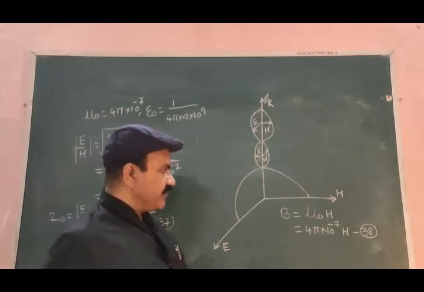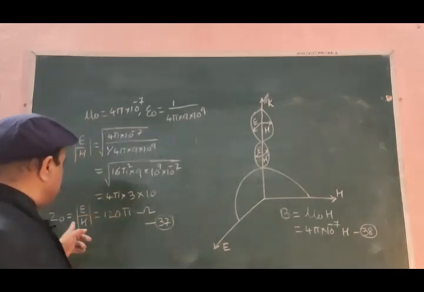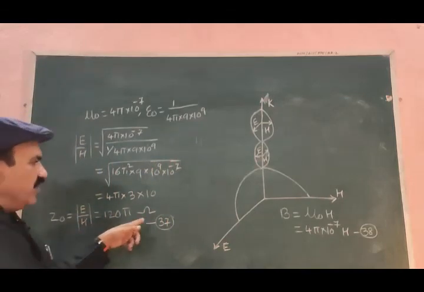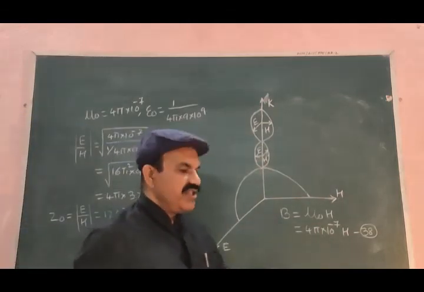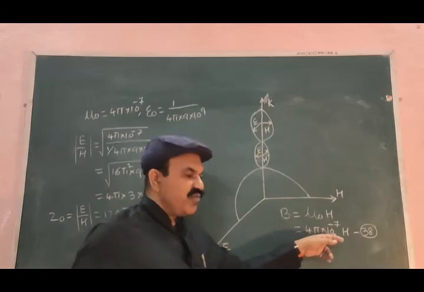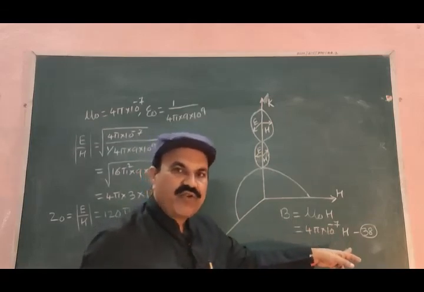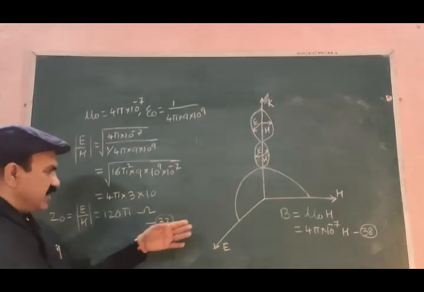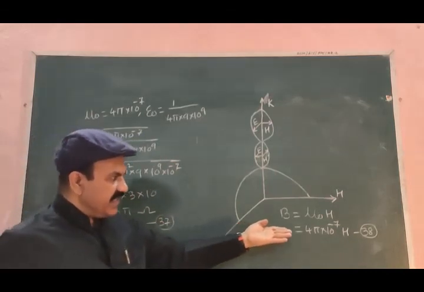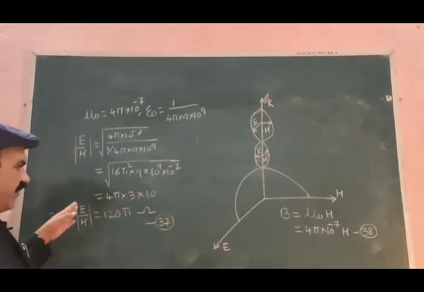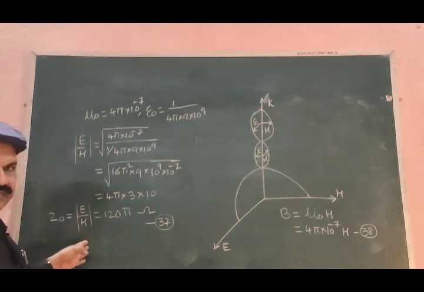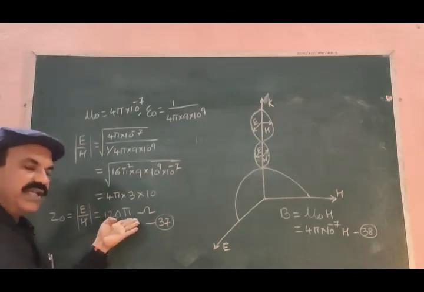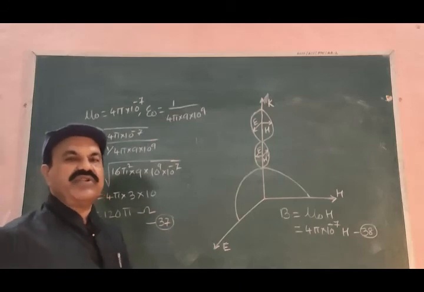One more thing, we got Z0 equal to E by H equal to this, and here we have got B equal to this. B is very small, as is clear from equation 38. So of course H is also very small. If we take E by H, the ratio is a large positive quantity.